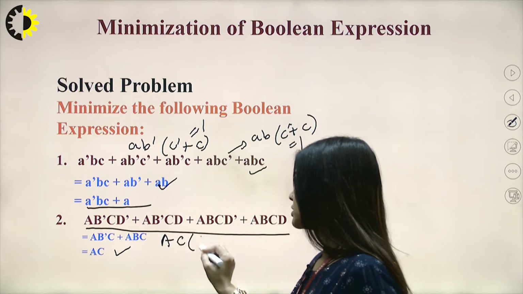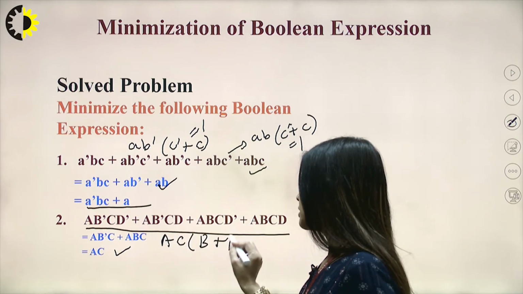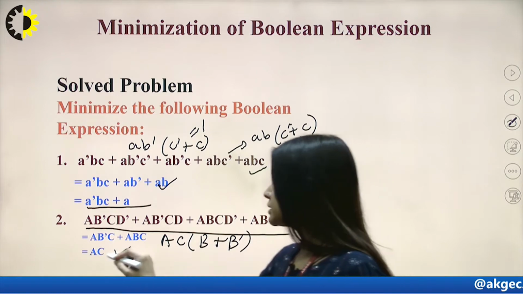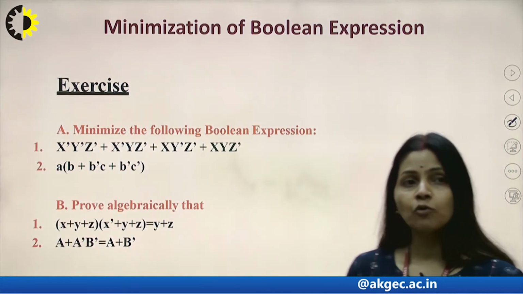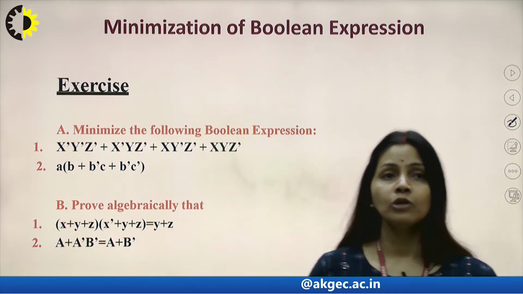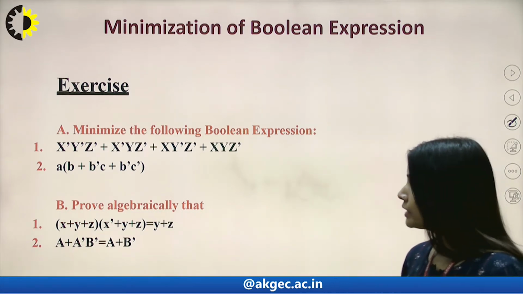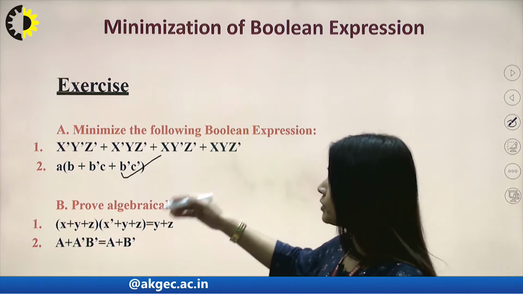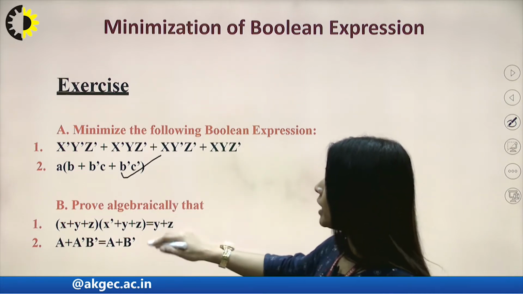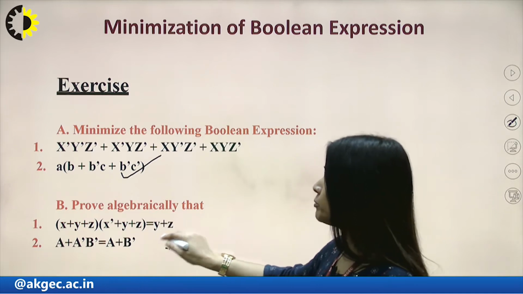We have B plus B bar, and this is equal to AC. Similarly, we have more exercises on minimizing the Boolean expression. Like these expressions we can solve or minimize, and we can also prove Boolean expressions like this.